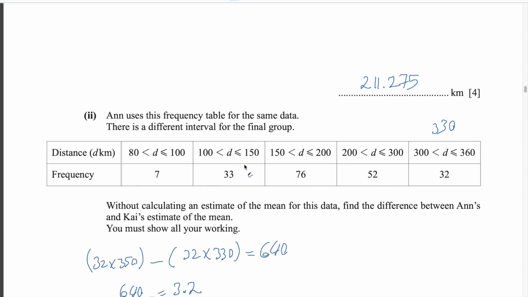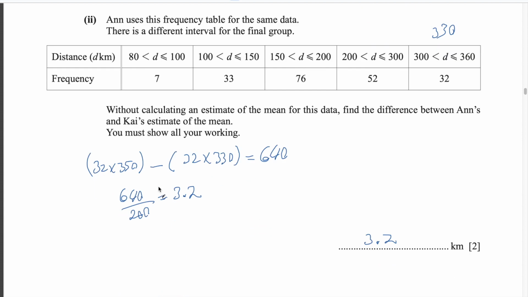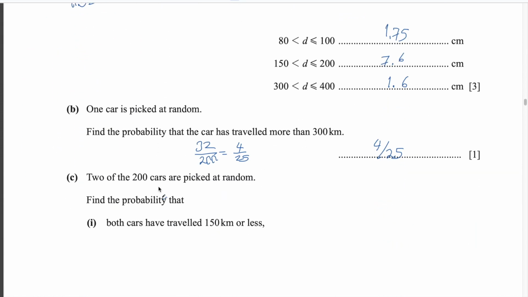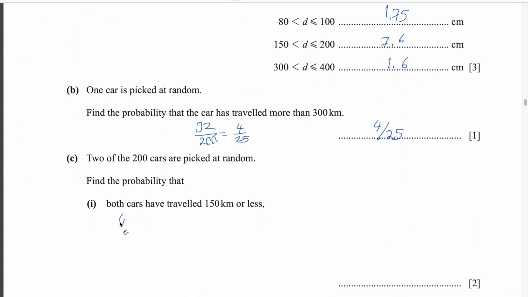So that is 33 plus 7, which is 40 over 200 for the first car, but one car has been removed from the list. So for the second it will be 39, because one is removed out of 40. Then 39 out of, this time, 199.